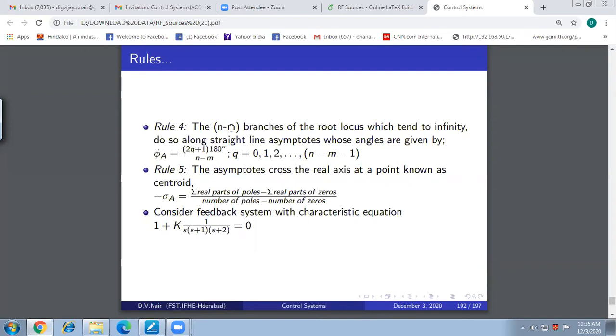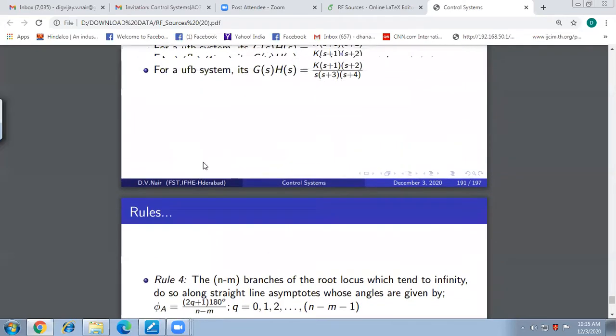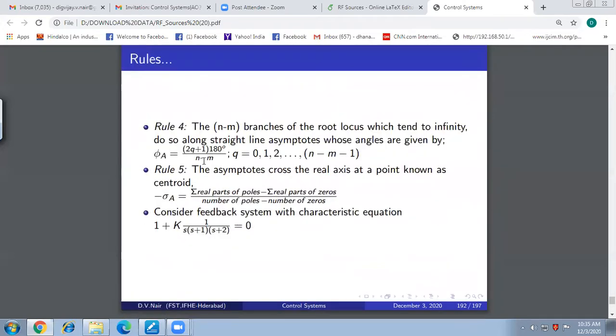In the above case itself, there was only one branch terminating at infinity. So what will be the number of asymptotes? The number of asymptotes will be 1. The asymptotes actually give the direction in which the branches terminating at infinity will progress, right?